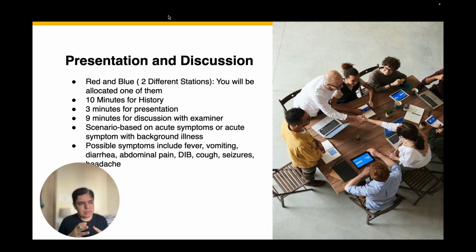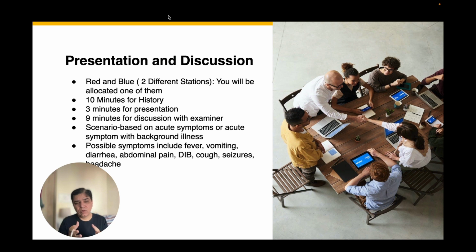That fever might be associated with some background, for example, he might be suffering from some cancerous disorder, or he might have an acute fever, or a chronic fever. The main symptom might include vomiting, diarrhea, or different types of pain, for example abdominal pain, chest pain, back pain, headache, things like that.